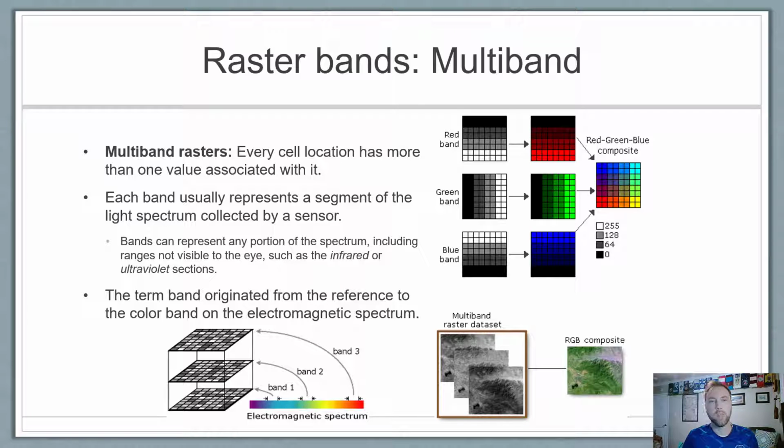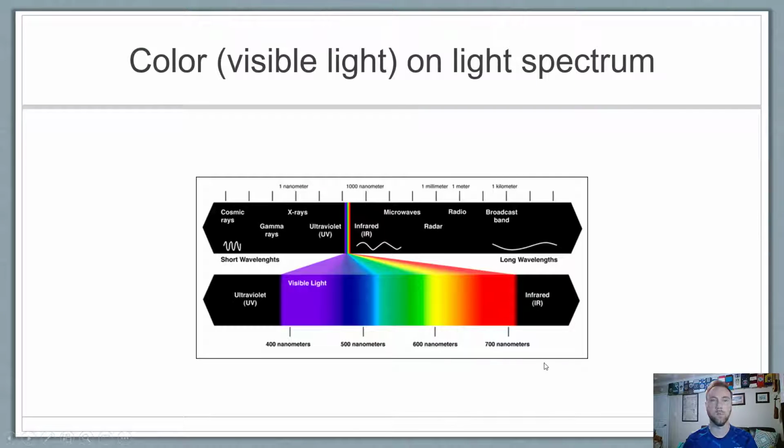The term band originates from a reference to the color band on the electromagnetic spectrum, which is visualized here. As you may be aware, the human eye can only see from essentially about 400 nanometers to 700 nanometers along the electromagnetic spectrum.